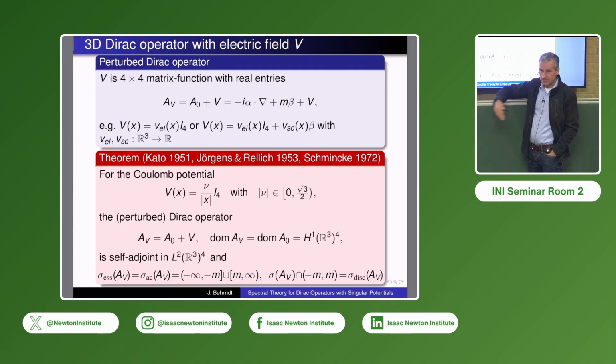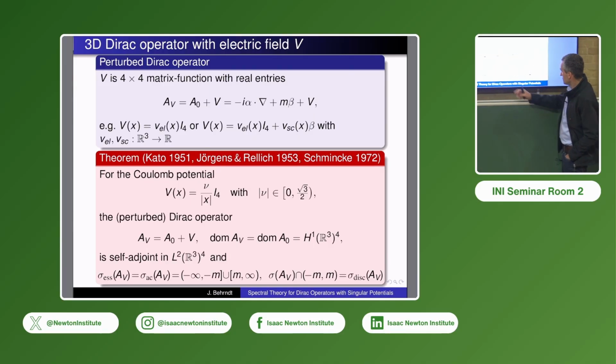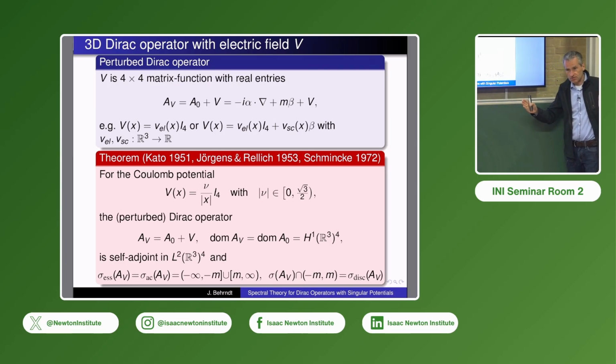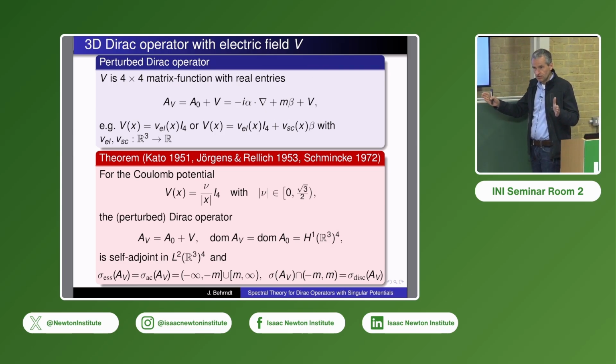And now, of course, you ask what is going on in the gap. In the gap, you have eigenvalues of finite multiplicity, and the eigenvalues accumulate to the thresholds of the essential spectrum. So you have a set of eigenvalues accumulating to m and minus m. The situation is similar in the 2D case, which I'm not repeating.